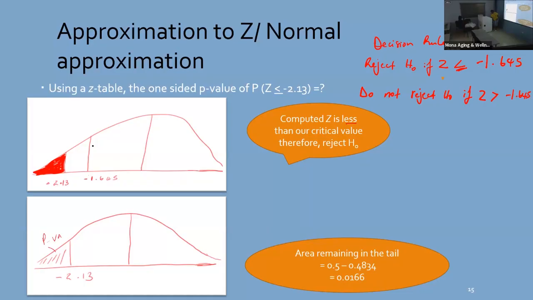And the area remaining in the tail is the same as our P value. So how are we going to find the area remaining in the tail at Z? We need to go back to our Z table and find the area between the mean, mu, and our Z value.